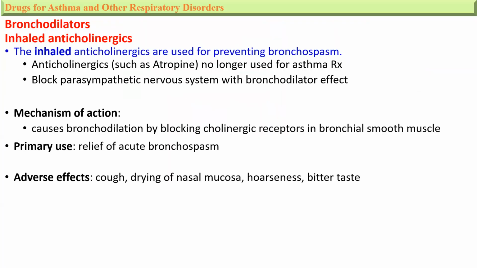The second group of drugs is the inhaled anticholinergics, the inhalation therapy. The inhaled anticholinergic drugs are used to prevent bronchospasm. They are occasionally used as an alternative to beta agonists in asthma therapy, in the inhalation form.